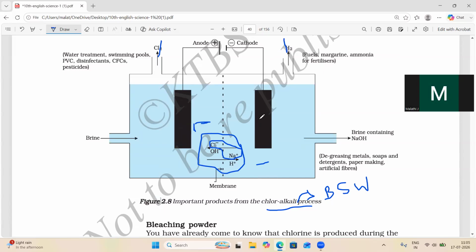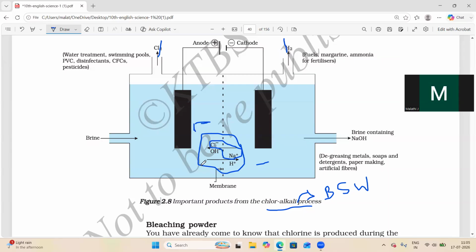So if we dip these two rods in the NaCl and H2O solution and pass electricity, NaCl breaks down into Na plus and Cl minus, and H2O also breaks into H plus and OH minus ions.